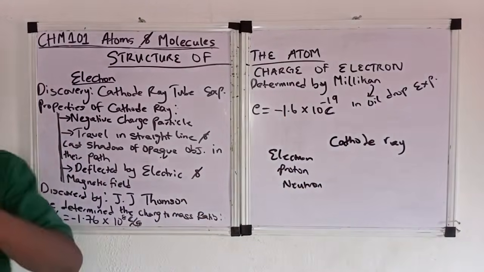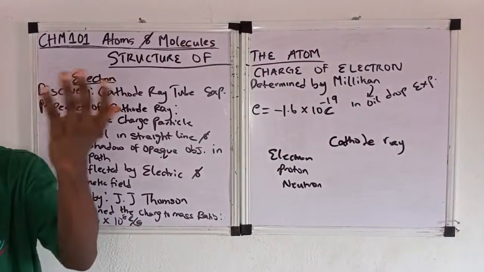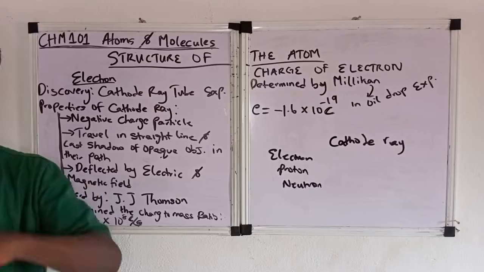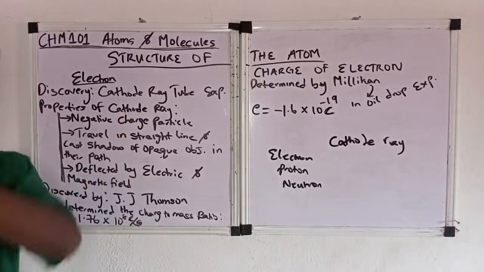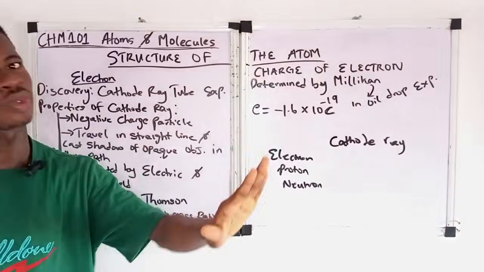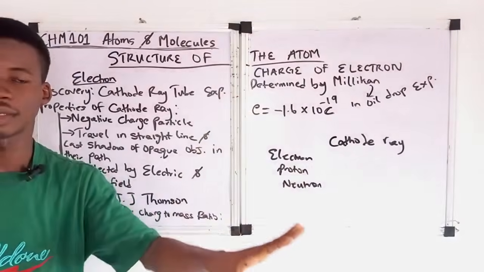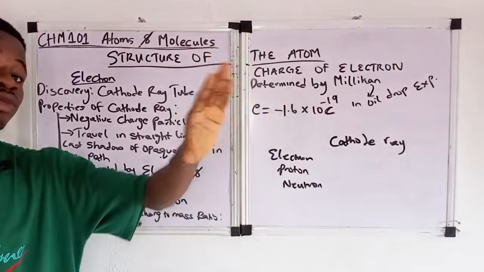So it was found that when this ray was produced at a very high voltage and low pressure, the ray traveled to the positive terminal in the cathode ray tube. That is, it moved to the anode.